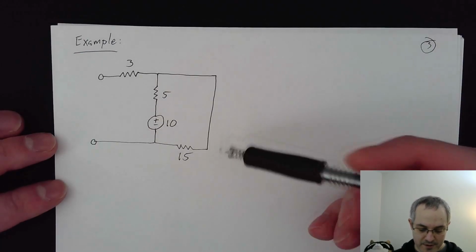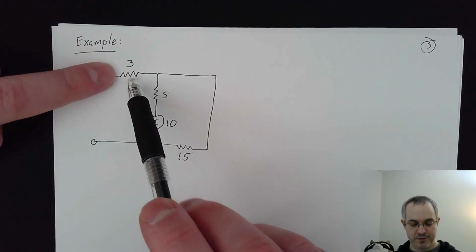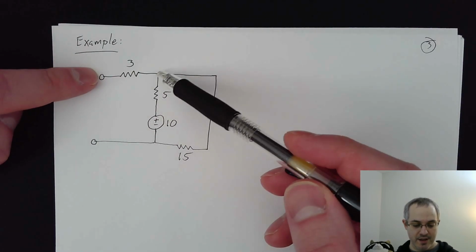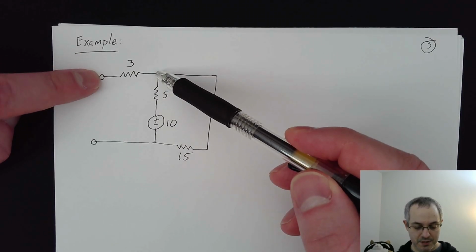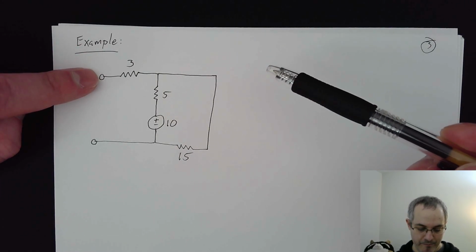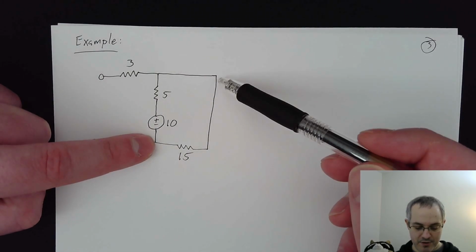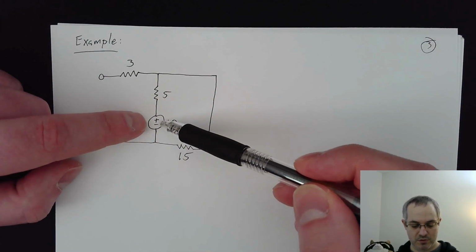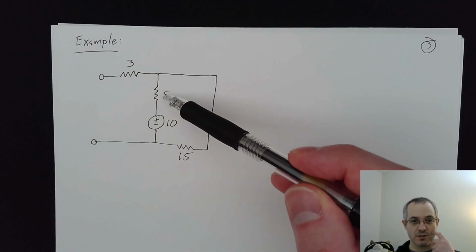The first thing we see is, okay, we have a resistor here. It's kind of all on its own. It's connected to a node here, but to just one of the terminal ends, so it's not really doing anything. Then we have this 15 ohm, and that's in parallel with this voltage source and 5 ohm resistor, right?